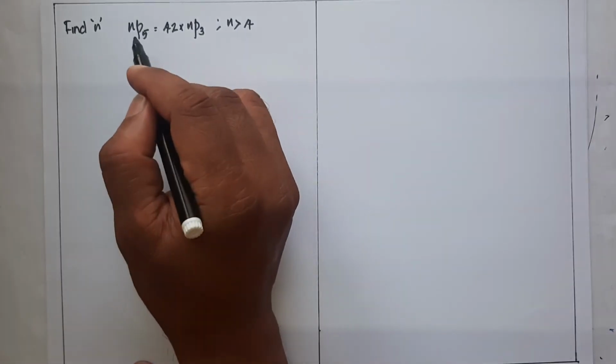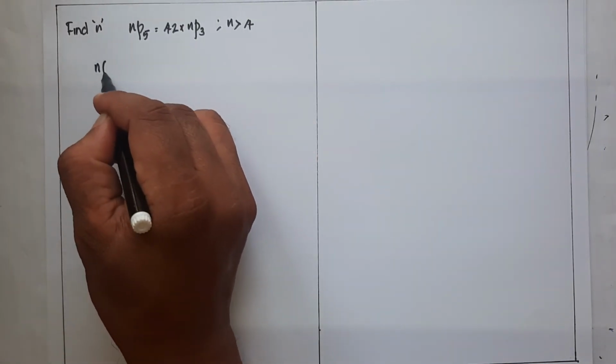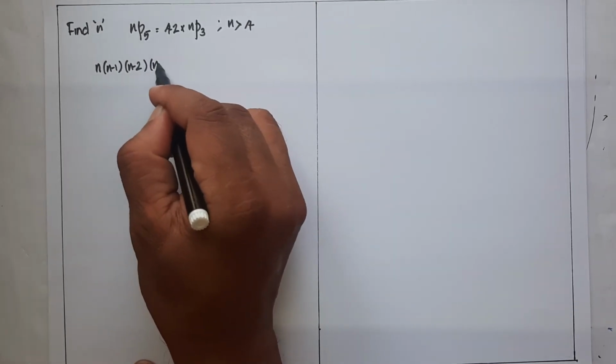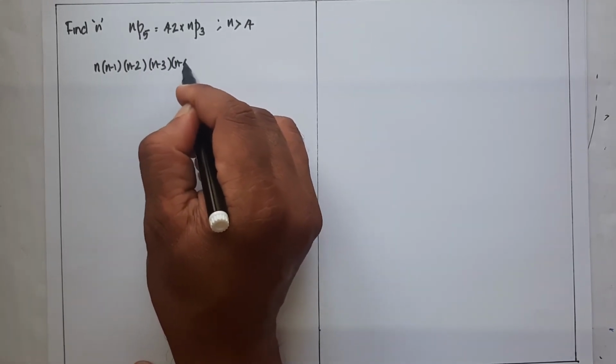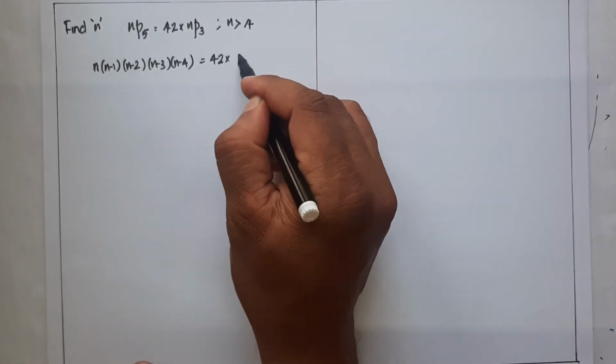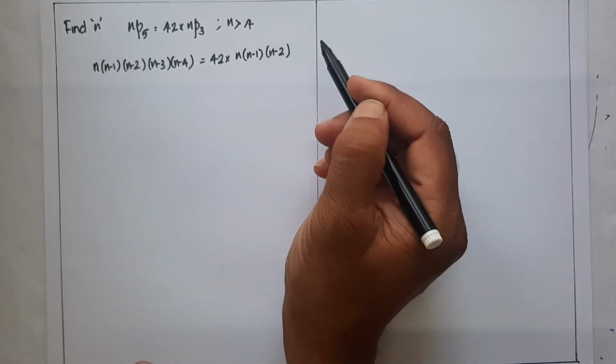What is nP5? n into n minus 1 into n minus 2 into n minus 3 into n minus 4 is equal to 42 into nP3, which means n into n minus 1 into n minus 2.